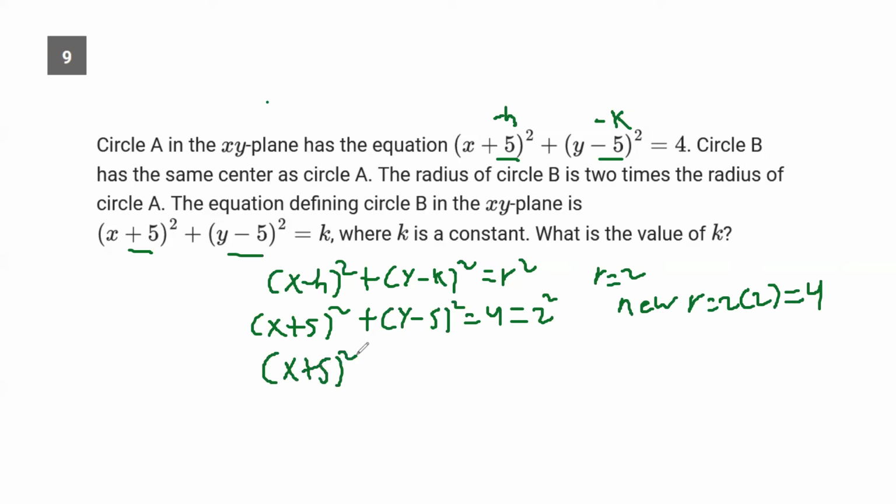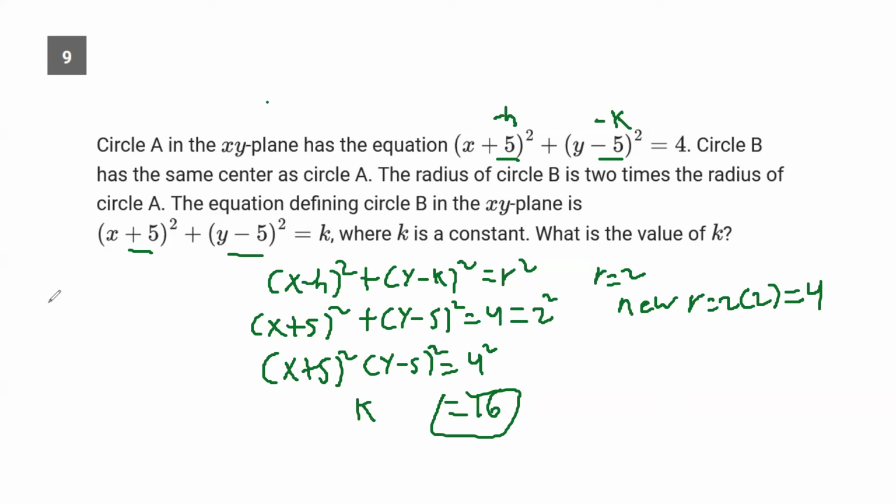Again, this part you don't need to write out; I'm just showing how it's working. And that gets you 16. So that is K. The centers you didn't have to worry about. You just had to find the original radius, which is 2, then double it to 4 and then square 4 to get 16.